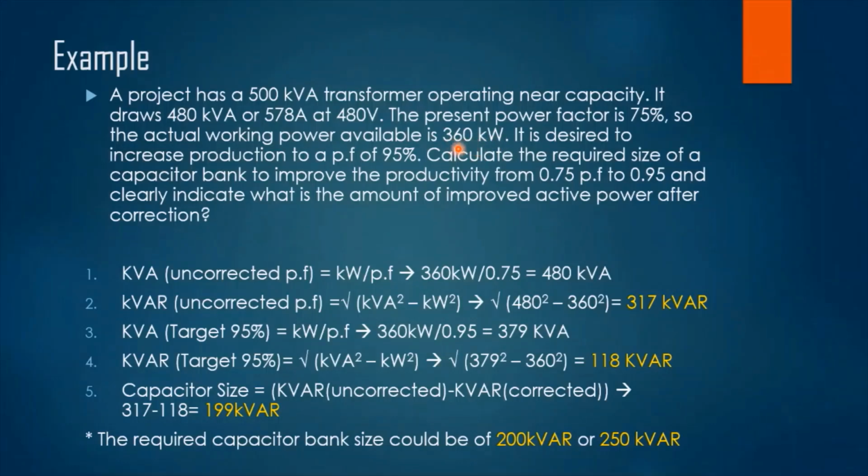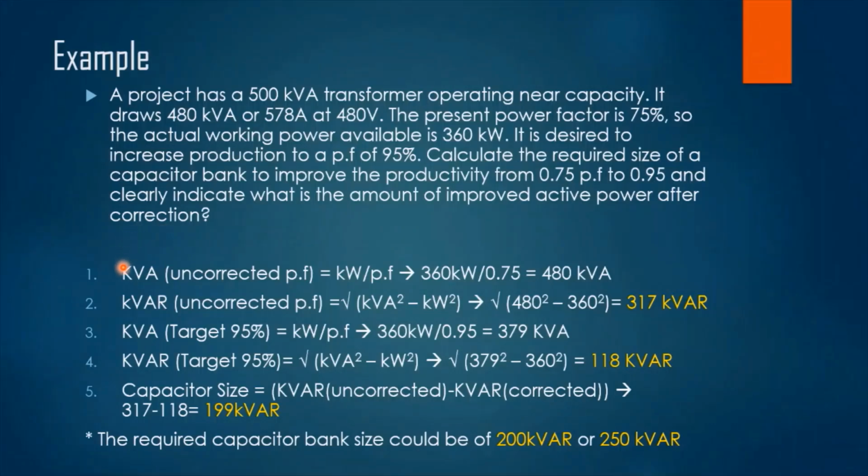This main demand load is an important value, as we are going to solve our equations based on this power. It is desired to increase the power factor to 95. So we are asked here to improve the power factor from 0.75 to 0.95 and to clearly indicate the amount of improved active power after correction of the power factor.